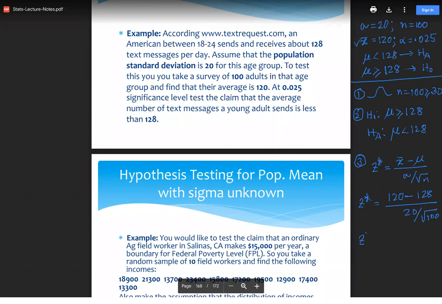So Z star is 120 minus 128, which is negative 8, times 10 divided by 20. 10 goes into 20 twice, 2 goes into 8 4 times, and your Z star is going to be negative 4. So your test statistic is negative 4.